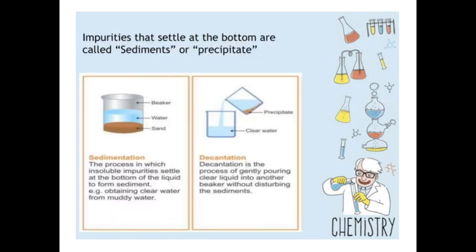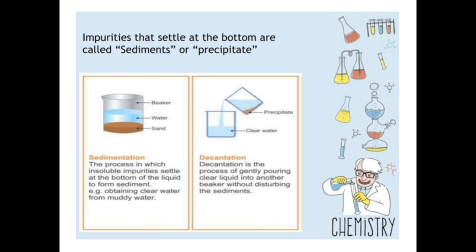Now, for instance, we can look at the difference between sedimentation and decantation. Impurities that settle at the bottom are called sediments. Take notes. Impurities that settle at the bottom are called sediments or precipitates. So what's the difference between sedimentation and decantation?